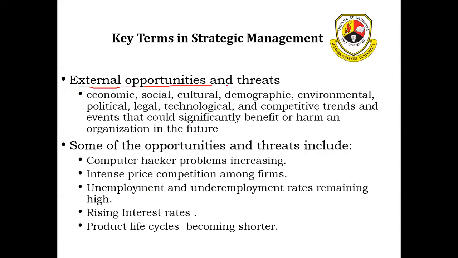External opportunities and threats. That's another key term that you're going to find in strategic management. This is where an organization looks at anything that may be a threat. For example, a new law that has been enacted. One may look at the Computer Misuse Act or something like that.